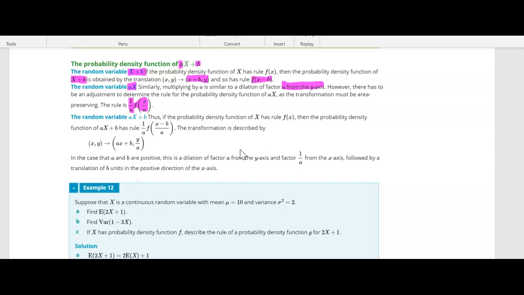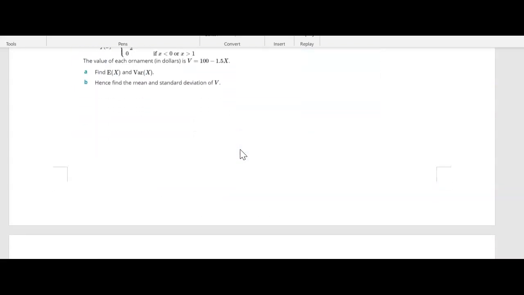Okay, so I didn't highlight that very well. Let me re-highlight that. Then if we bring the two transformations together, ax plus b, we get this. Your point (x, y) now becomes (ax plus b, y on a), or your rule is 1 on a times this. So that's basically all you need to know. And did I put it in a summary? I don't think I did.